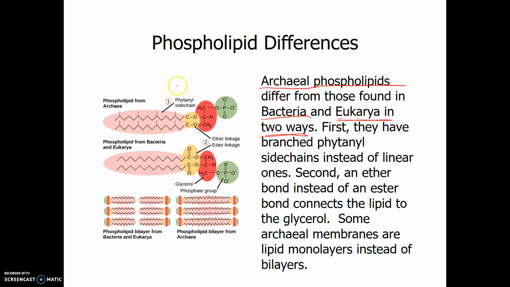And this shows you the branched side chain. Second, an ether bond instead of an ester bond connects the lipid to the glycerol portion. So it's an ether instead of an ester linkage, and this is what an ether linkage looks like. And then some archaeal membranes are lipid monolayers instead of bilayers, so they don't even have a bilayer all the time. Sometimes it's just a monolayer.